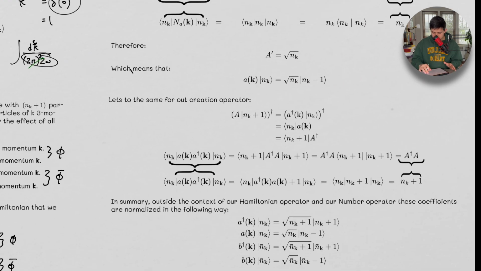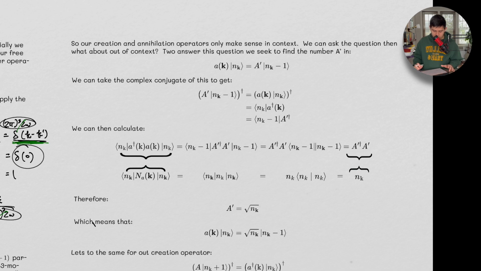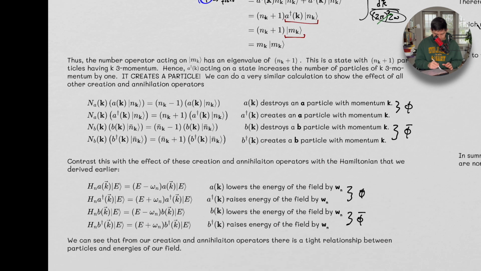This video might be a little bit shorter than others, but that's okay. Our creation and annihilation operators only make sense in context, right? Because they need to act in the context of some other operator, and then they'll be able to create and destroy particles or energy.